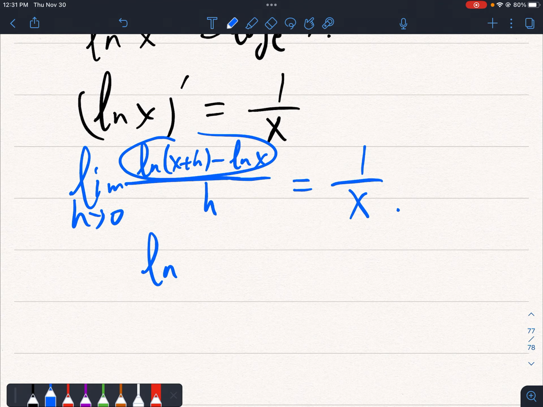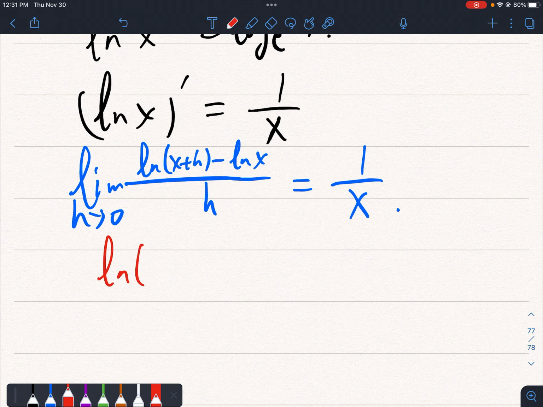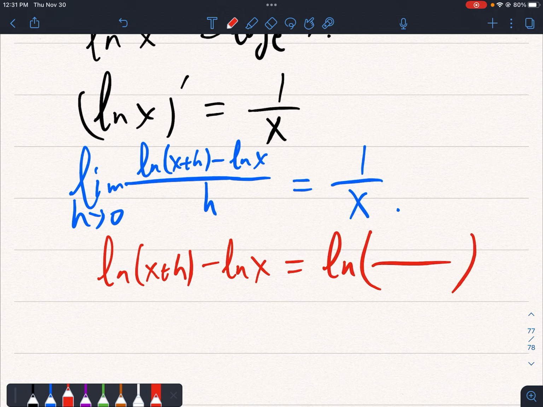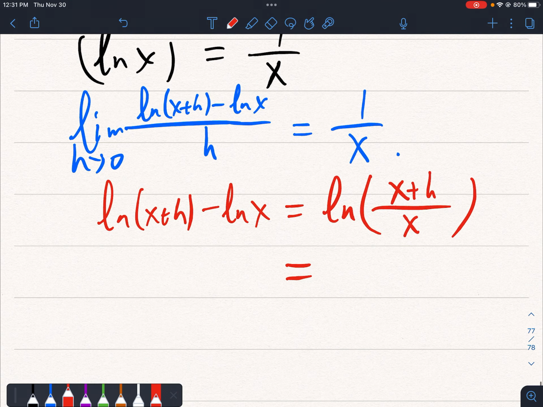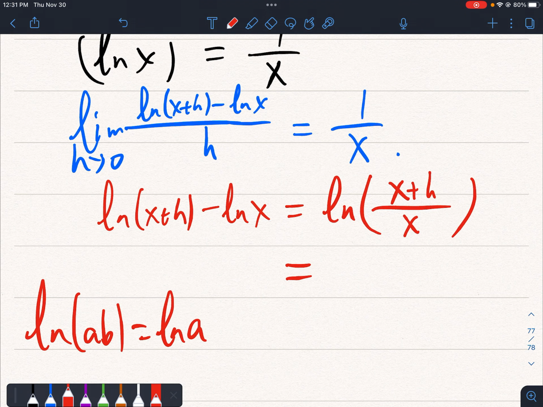So how do we show it? Well, give me 1 second. Let me see. This difference in the numerator, I should know how to prove it, but I'm not familiar with that anymore. So this is going to be the ln of the quotient of x plus h and x, right?